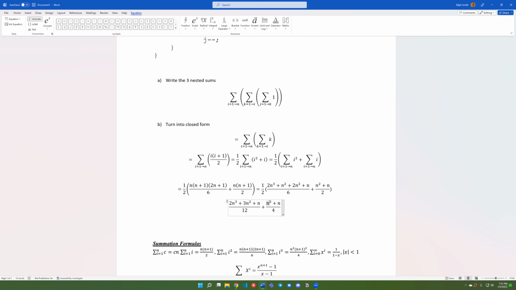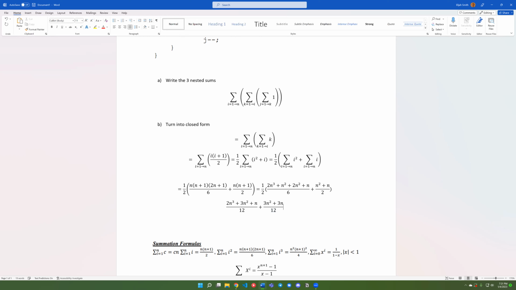And I'm going to multiply everything on the right side by 3 so that we have our common denominator of 12. And then let's combine everything together. So we still have 2n cubed plus 6n squared plus 4n, and this is all going to be divided by 12.